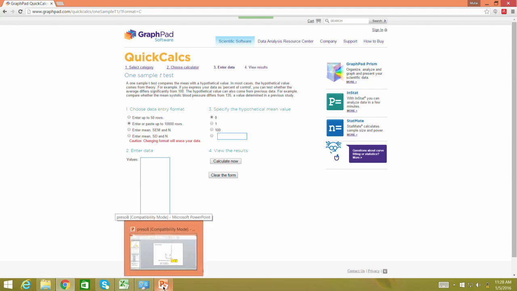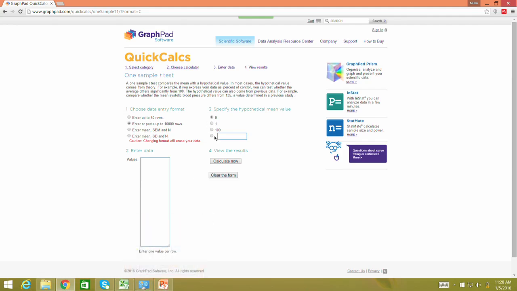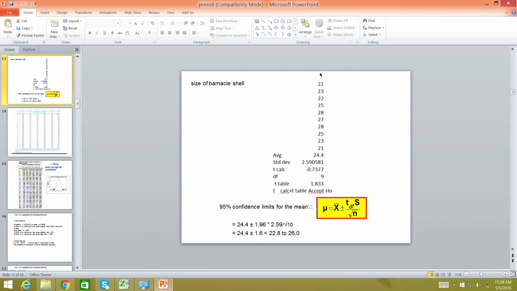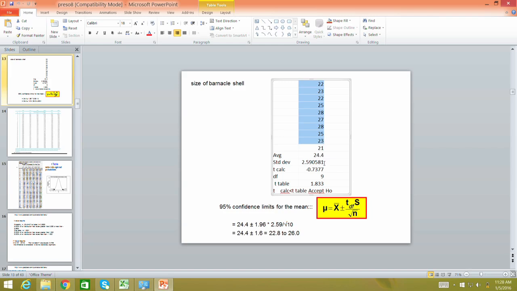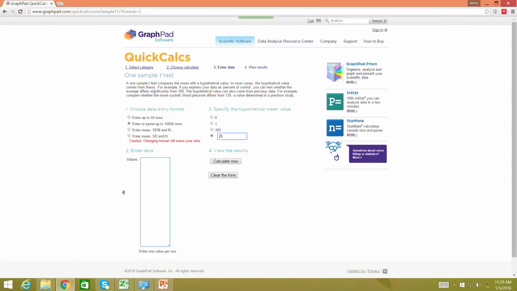I am comparing it with respect to 25. 25 is my population mean. Now, I want to know the sample which is equal to 22 and so on. So, I can copy this, and I paste it here.